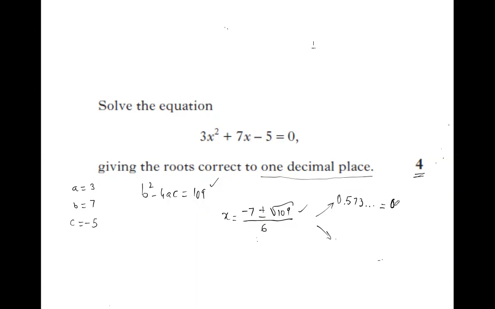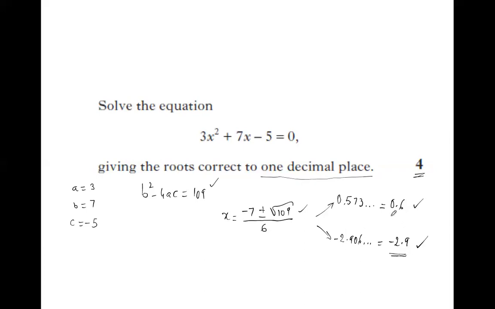Yeah, if you want, you can write that there. That's an extra mark. And the second one is negative 7 minus root 109 divided by 6, which is negative 2.906 dot dot dot, which is negative 2.9, and that's your fourth mark.